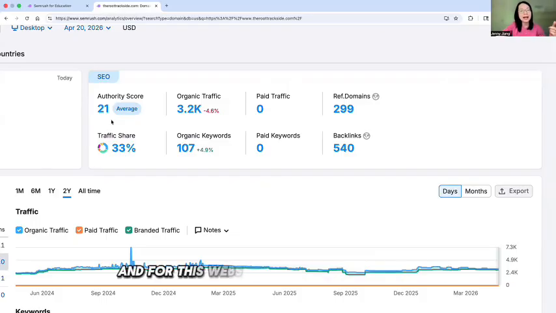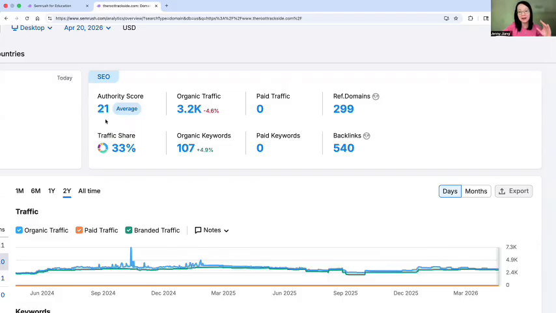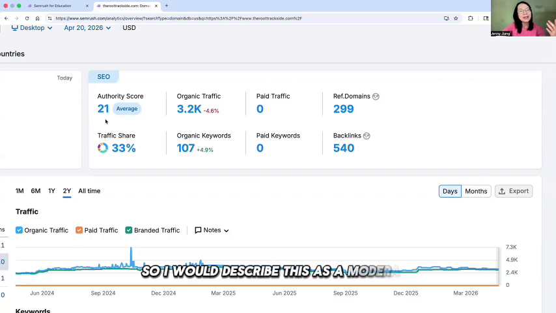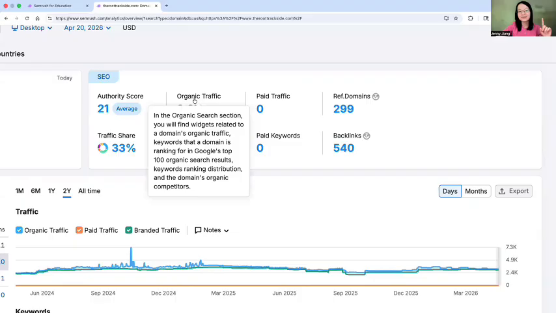For this website, the authority score is 21. That tells us this site has some SEO foundation, but it is not especially strong. So I would describe this as a moderate or somewhat limited SEO authority. That's the first indicator.